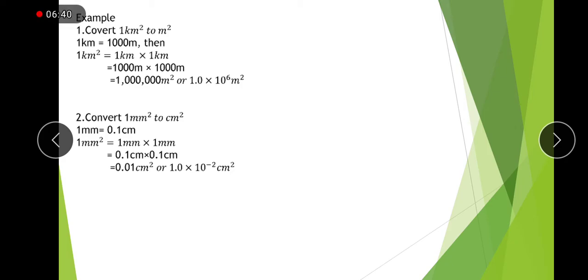If you find its area, it will be 1 square millimeter. But we know that 1 millimeter is equivalent to 0.1 centimeter. Therefore, you have 0.1 centimeter multiplied by 0.1. If you multiply, you find that 1 square millimeter is equivalent to 0.01 square centimeter. Or, in standard form, it is 10 power negative 2 square centimeter.